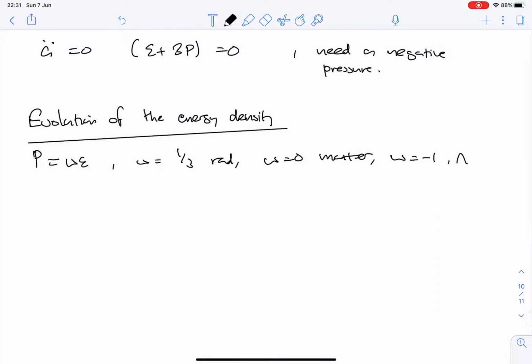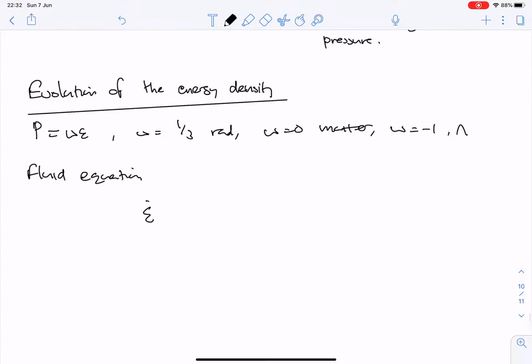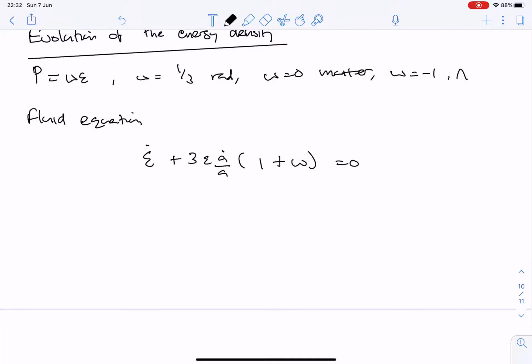So, fluid equation, writing P equals wE, just becomes E dot plus 3E a dot over a, 1 plus w, equals 0. And we just integrate that.